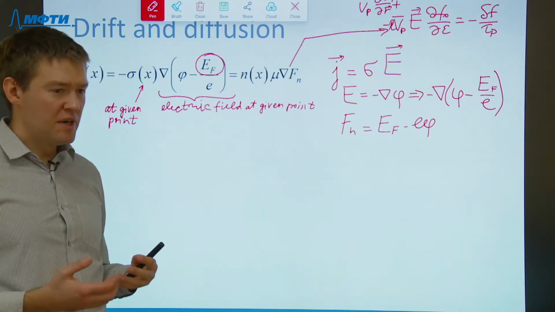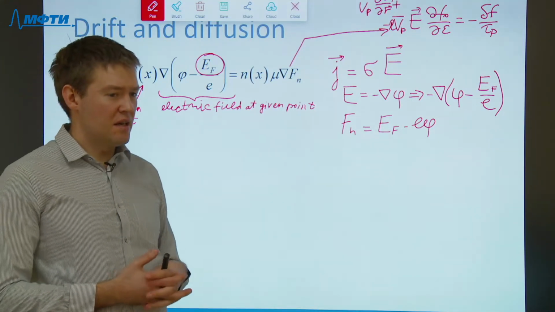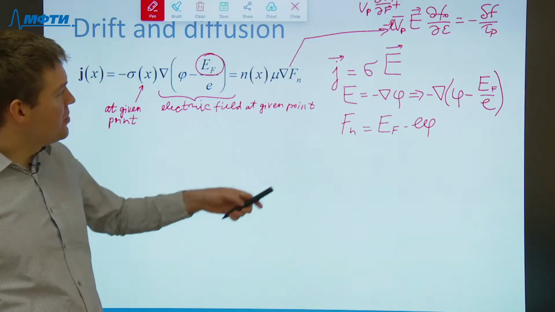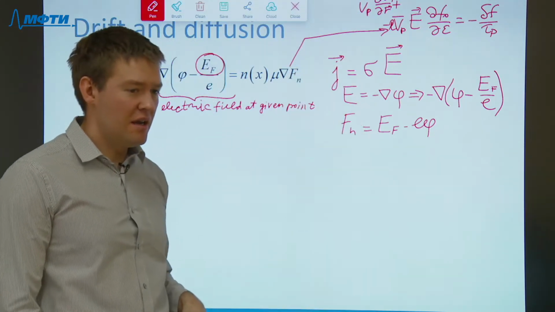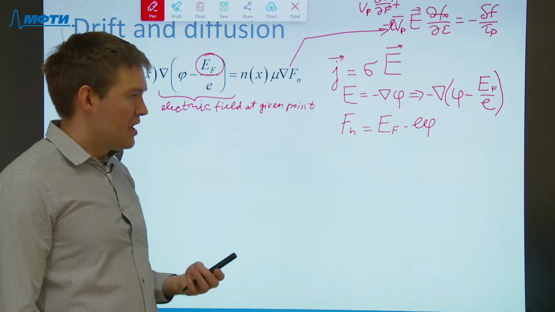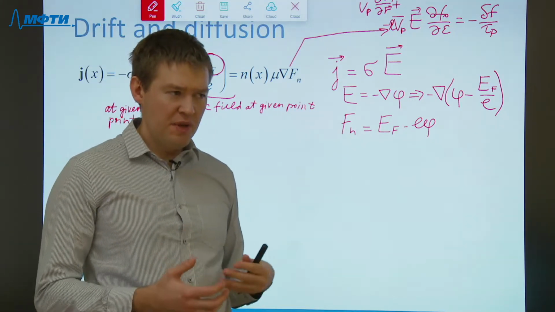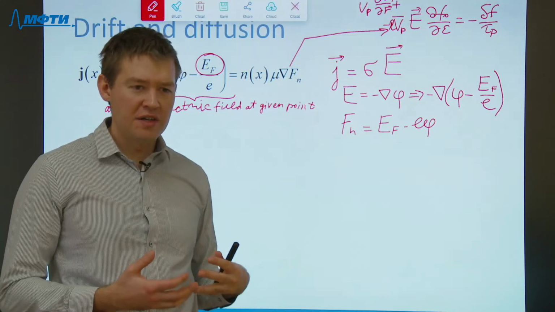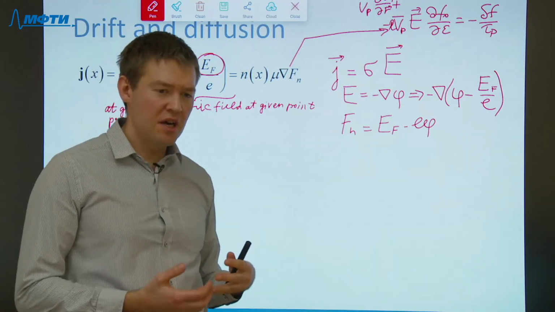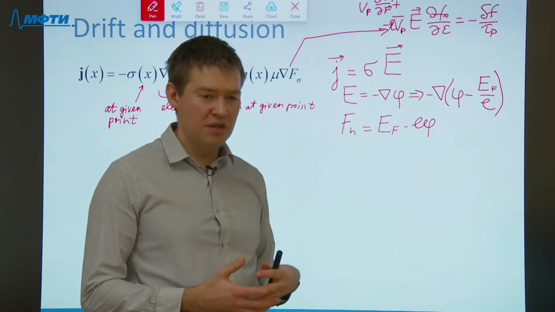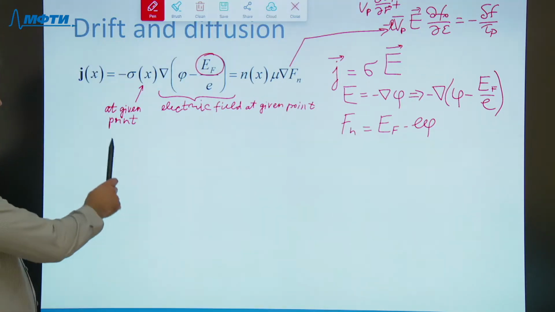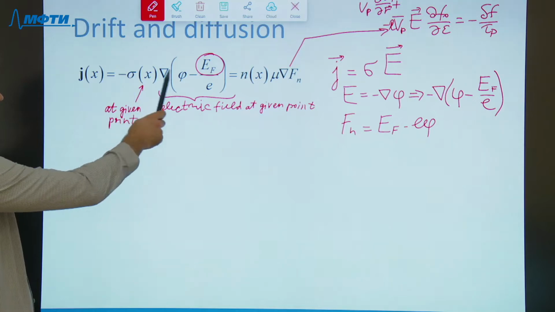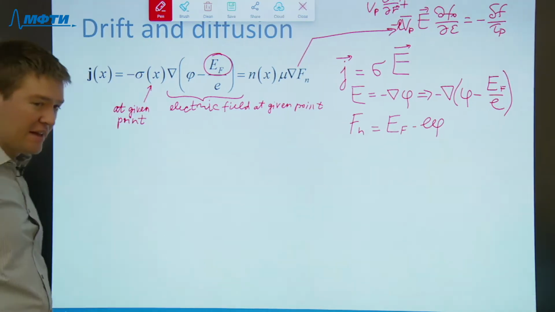This result was obtained when we neglected the terms with spatial derivatives in the kinetic equation. This neglect should be justified under some assumptions. Which are these assumptions? Which are the criteria of validity for the drift diffusive approximation, that the current here is proportional to the electric field at the same point?